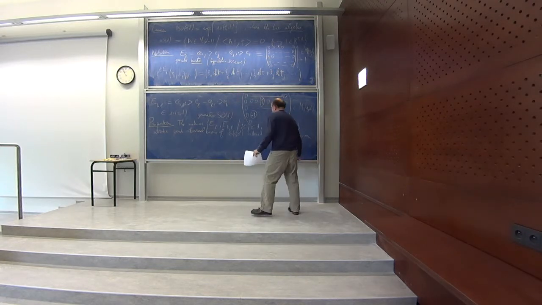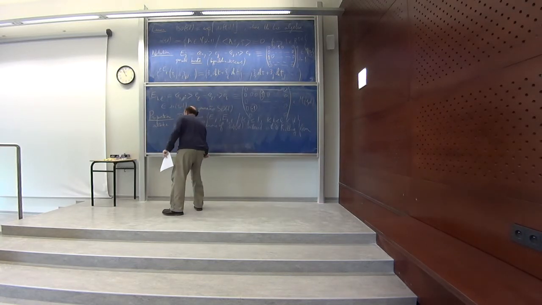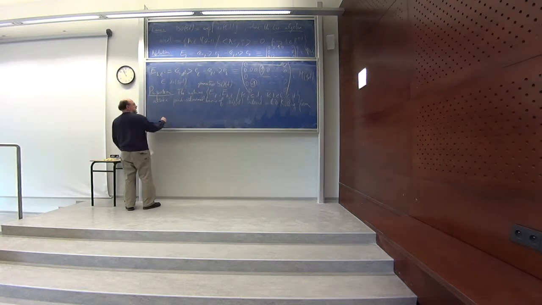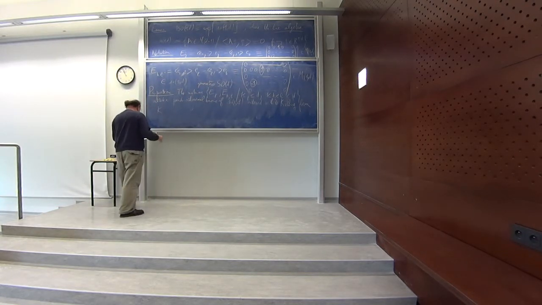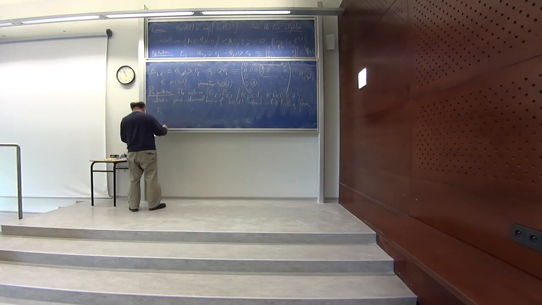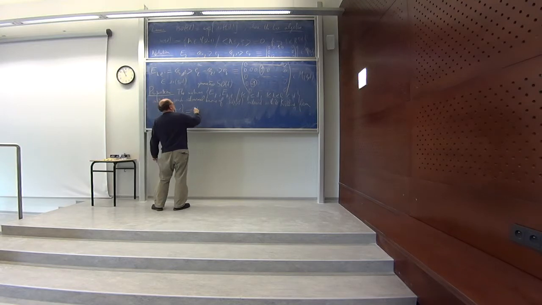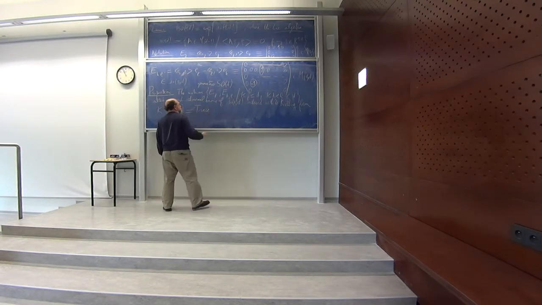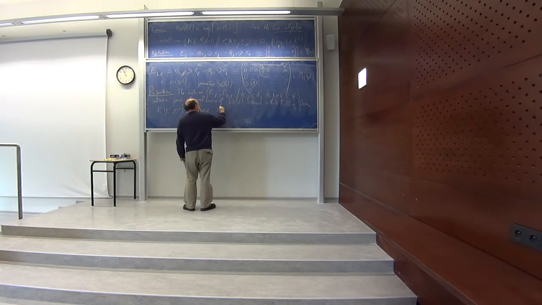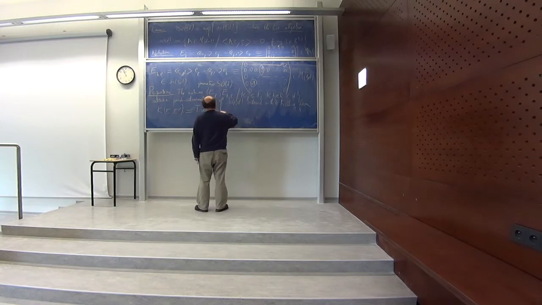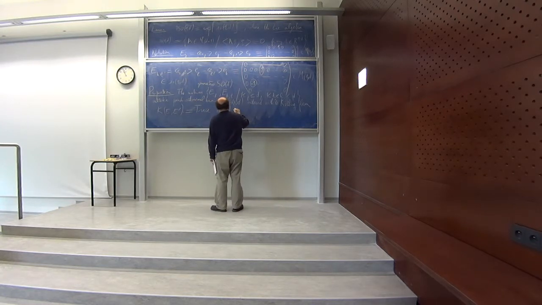Okay. I precise the meaning: K of E, E prime is a trace of the composition of the adjoint of E and E prime.